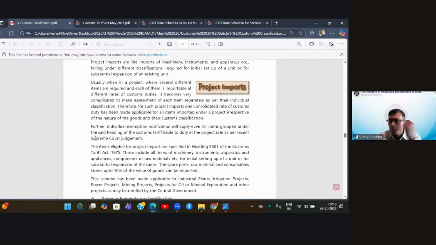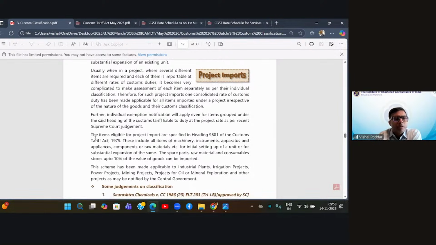So students, I request that please read each and everything given in this chapter. It is one of my favorite chapters in the entire taxation, not only customs or GST, the entire taxation subject. Classification is a very interesting chapter. In fact, let me inform you, some professionals, chartered accountants, are specializing only in classification.